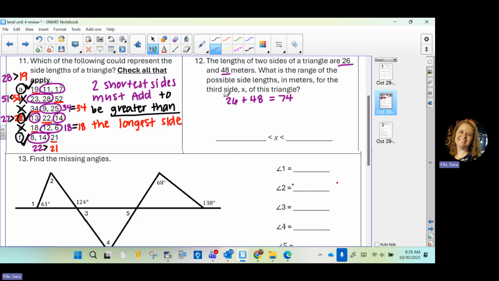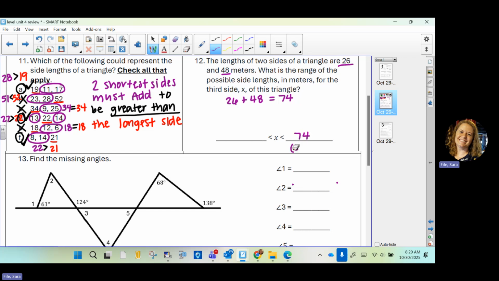Now, if these were the three sides of my triangle, 26, 48, and 74, that wouldn't work, would it? Because the two shortest sides would add to be equal to the third side. So it can't be 74. It's got to be less than 74, the third side.